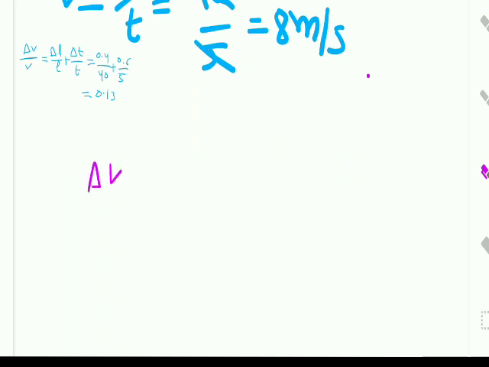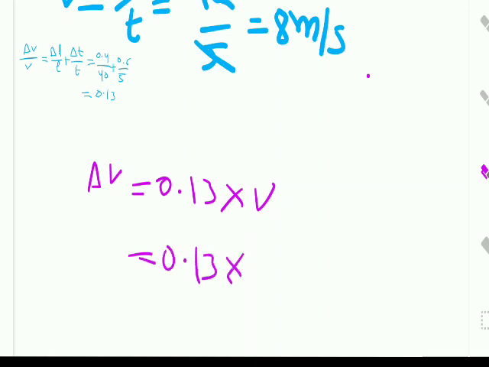Delta V is equal to 0.13 into V. So 0.13 into 8.0, 8 3s are 24, 8 1s are 8, nothing but 1.04 delta V value.